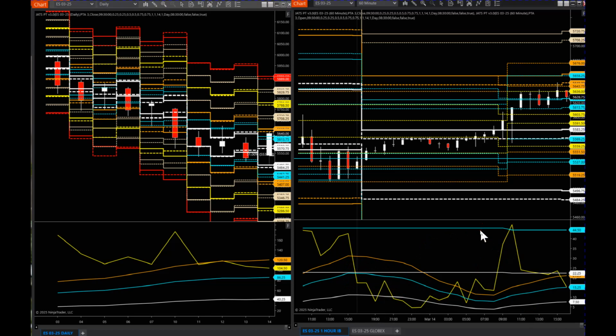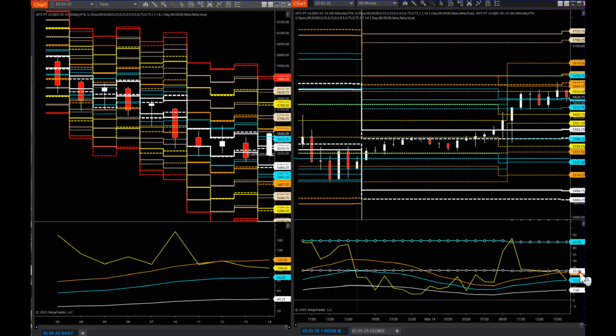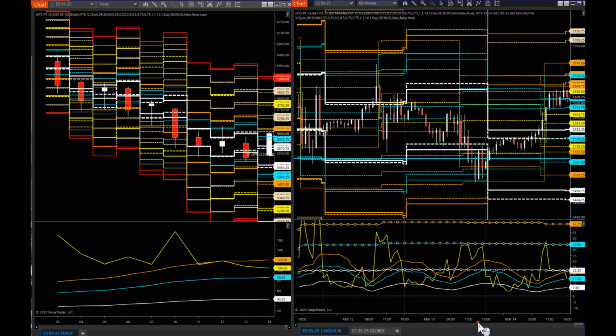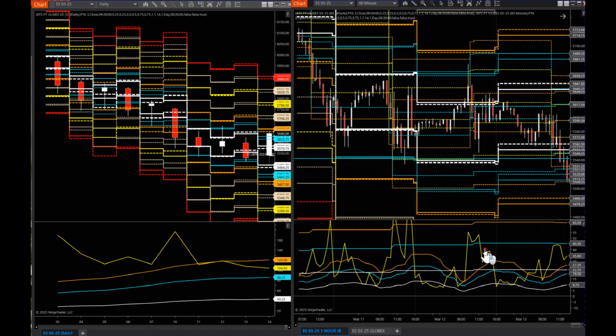And then it can be trading to these range levels. Like here's the 1 hour IB range level on a 60-minute bar. Doesn't that make sense? It went to the 1 hour IB2 or the 1 hour IB3 and then comes back in.